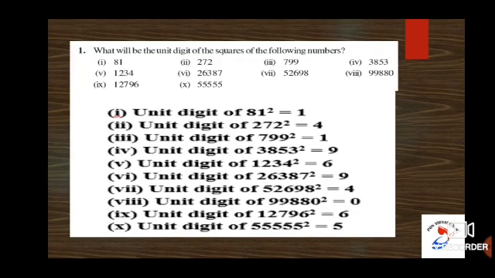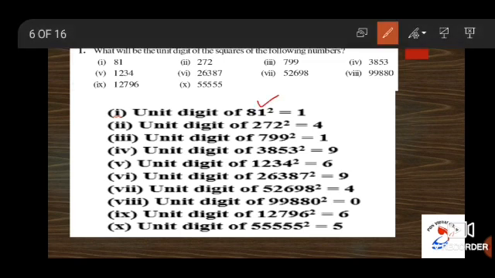So question number 1 of exercise 6.1. What will be the unit digit of the squares of the following numbers? Number 1, it is 81. So the unit digit of 81 square will be 1 because 1 square is 1. Similarly, second subdivision, the unit digit of the square of 272 will be 4 because 2 square is 4.